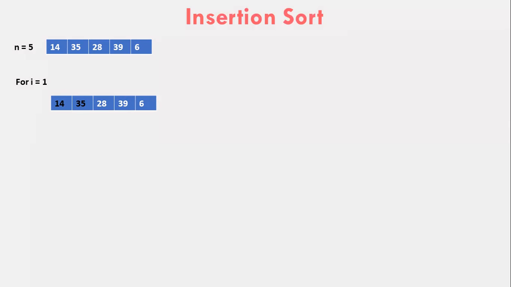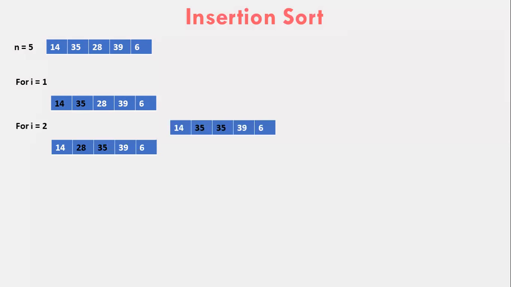Now for i equal to 2, 28 will move to the position after 14 and the element 35 will move one position ahead of its current position. So if you can see here, 35, which is in the second position, is moved to the third position. Then we compare 28 with 14, and 28 is greater.